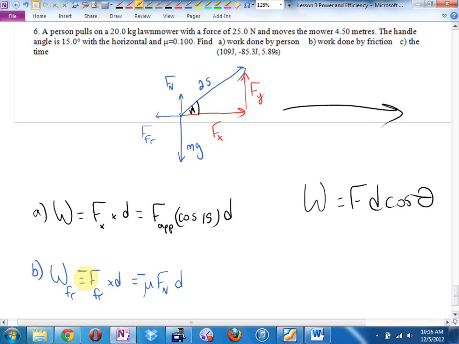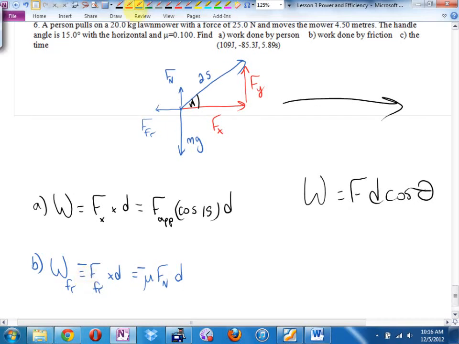What's the normal force? I don't know the normal force. Oh, and I can't even say, look, there's another force the same size as the normal force. What I can say is, well, normal force plus vertical component equal mg.